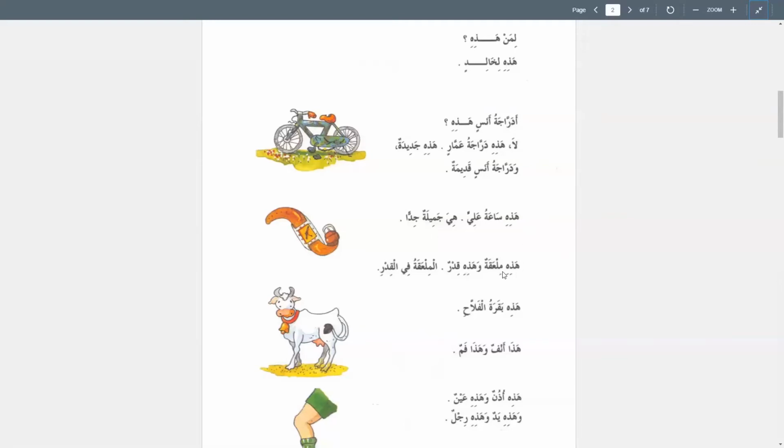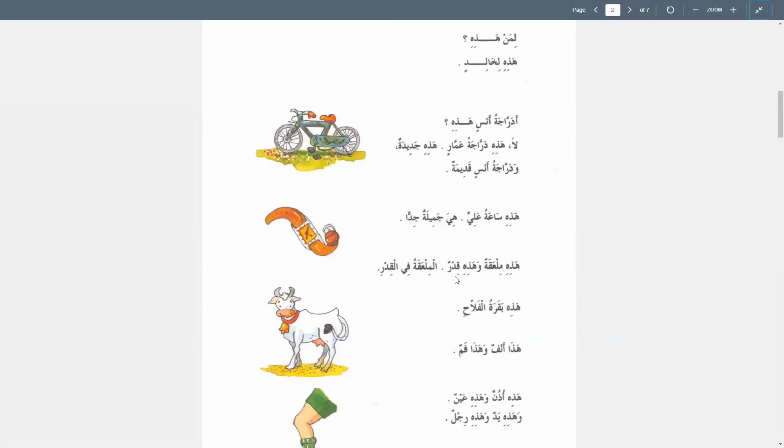Okay, هذه ملاكة وهذه قدر. Okay, this is a spoon. ملاكة is spoon. وهذه قدر. قدر means a pot. Okay, now you'll notice we have هذه ملاكة. ملاكة is feminine. Now, look at قدر. To look at it, you would think it would probably be a masculine word. In fact, it's feminine.